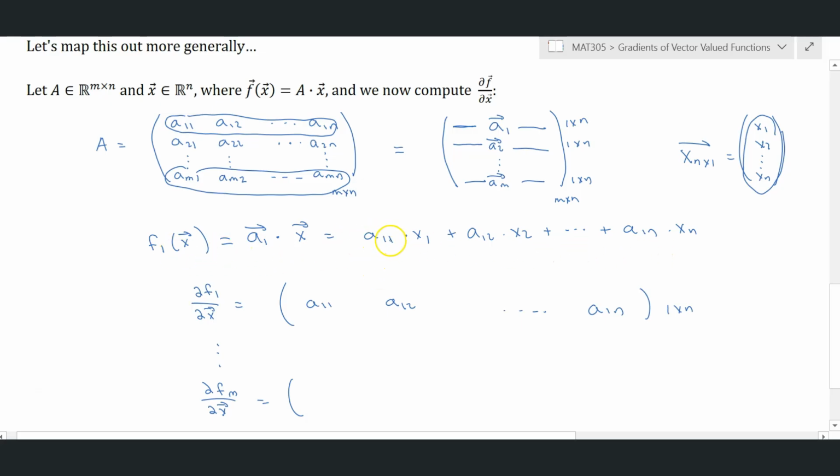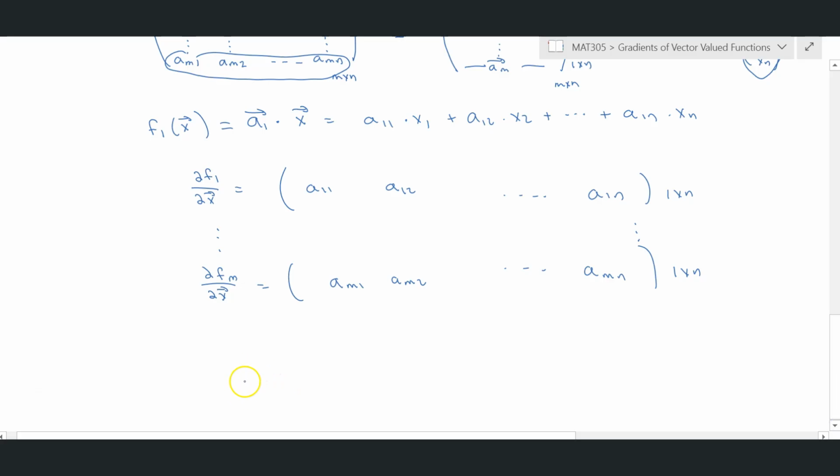All of these will be m1, m2, mn, and therefore you will get am1, am2, all the way over to amn. Again, that is a 1 by n vector, and altogether df vector dx will be the full matrix where each row will be the gradient of f1 all the way down to the gradient of fm.